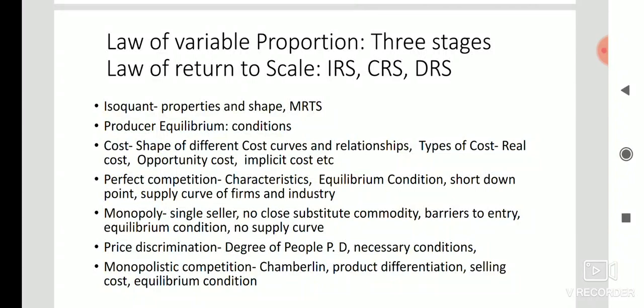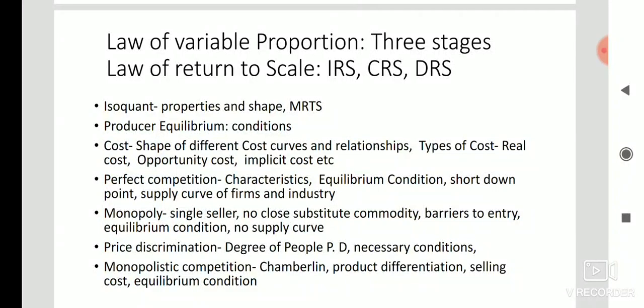The producer equilibrium condition is that the slope of the isoquant, that is MRTS LK, must be equal to the slope of the isocost line, and the slope of the isocost line is represented by the wage rental ratio, W by R. So a producer is in equilibrium, or the least cost combination, as it is also called, is attained at the point where the slope of the isoquant is equal to the slope of the isocost line, that is MRTS LK must be equal to the wage rental ratio.